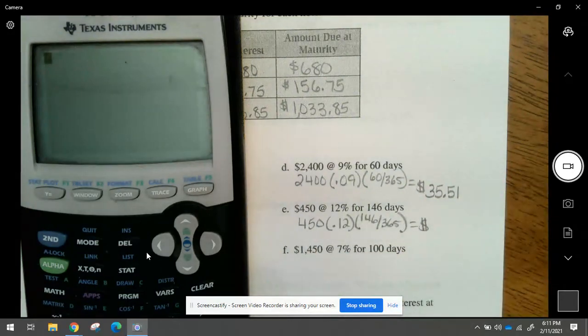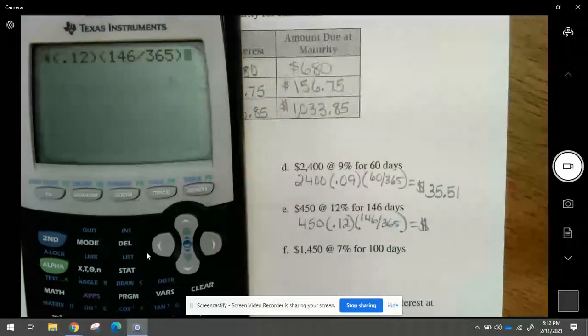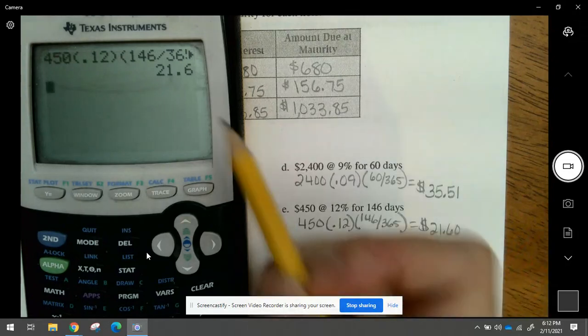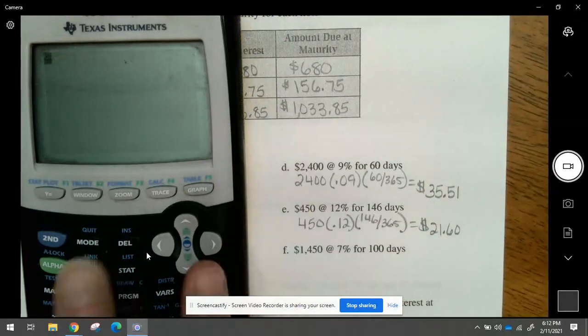Okay, letter E, we have 450 at 12%, so 0.12. 146 divided by 365. $21.60. Remember, our calculators cut off that 0.